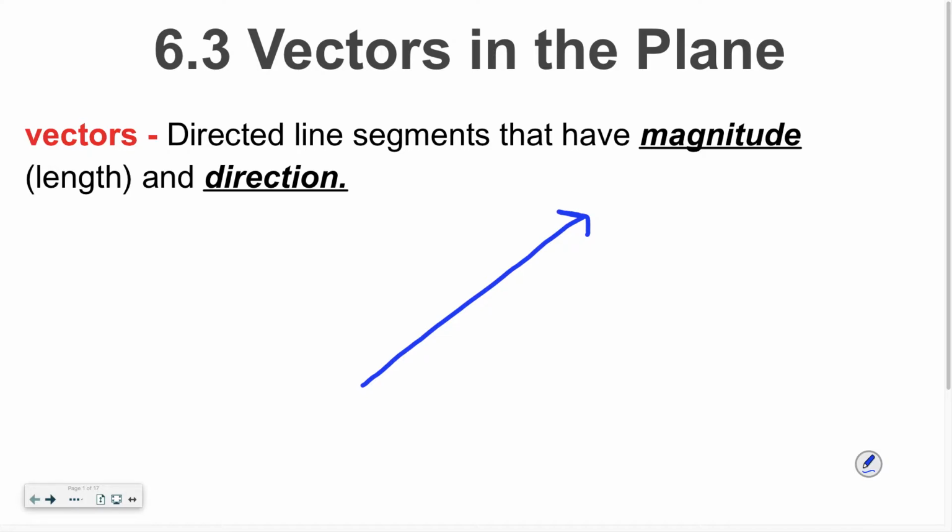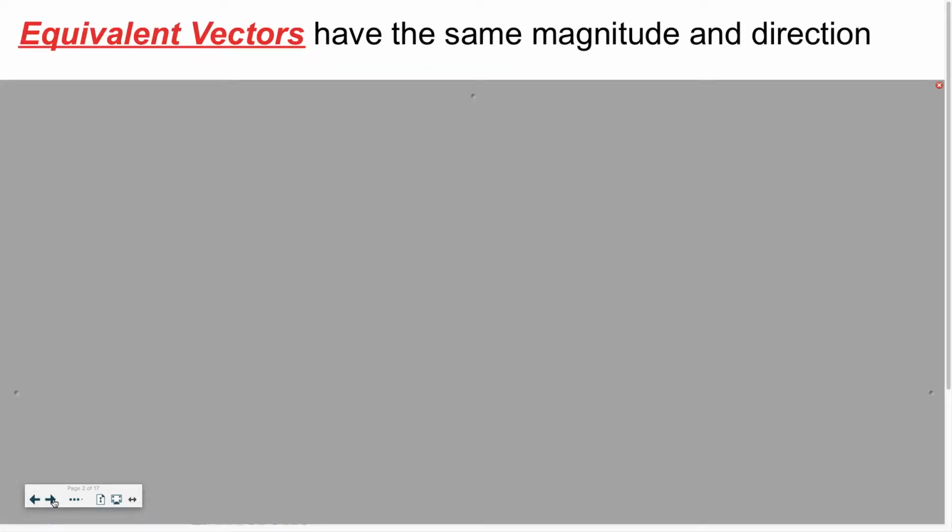Length. Is length, okay? And direction, okay, it's pointed in a particular direction, okay? Now, when we talk about vectors being equivalent, that means they're going to have the same magnitude and direction. Okay?